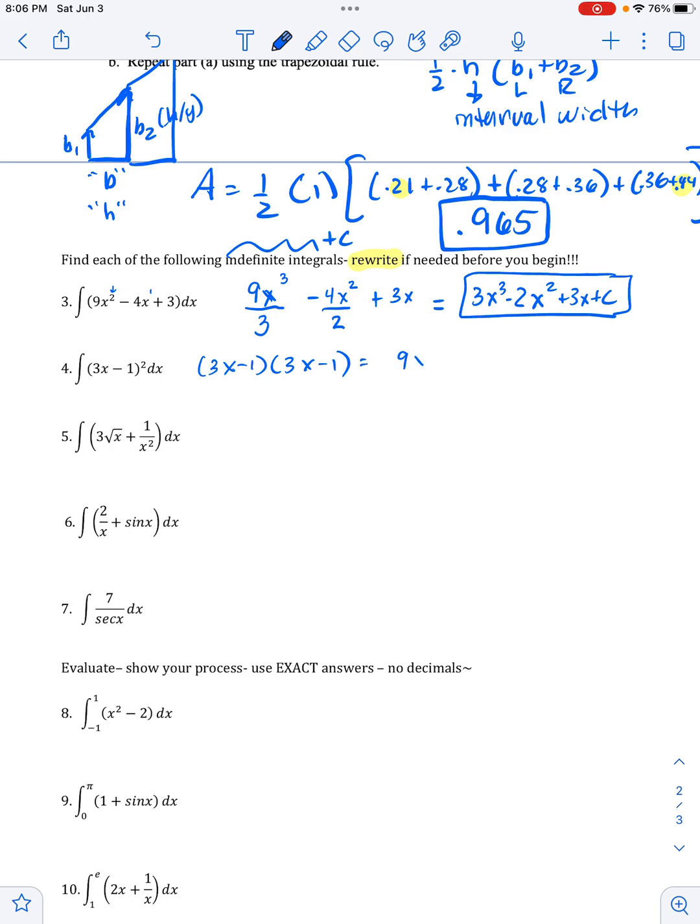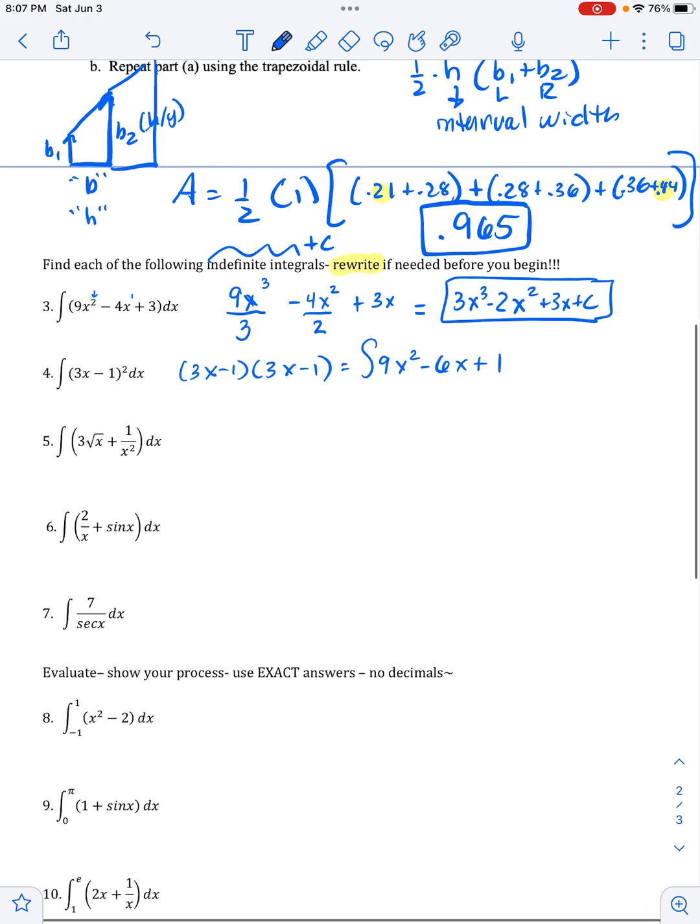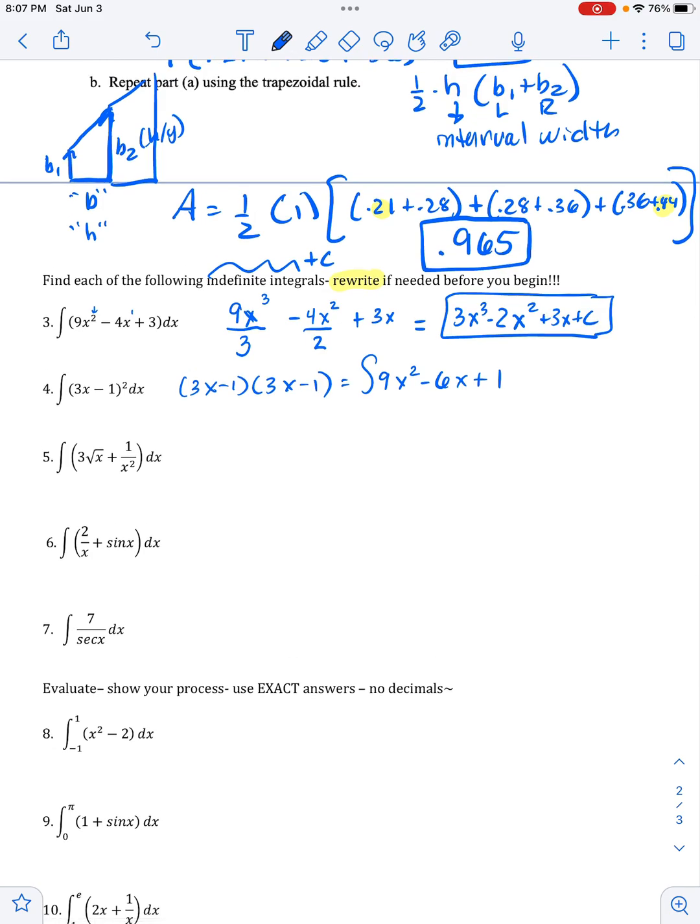I'll get 9x squared minus 6x plus 1. And now I can do my integral of that using the power rule, just like up above. So I would have my 9x squared, it would have been to the third, divide by that power. 6x is currently to the first, so it would have been to the second, divide by that power. 1 is hanging out alone, so it would have had an x.